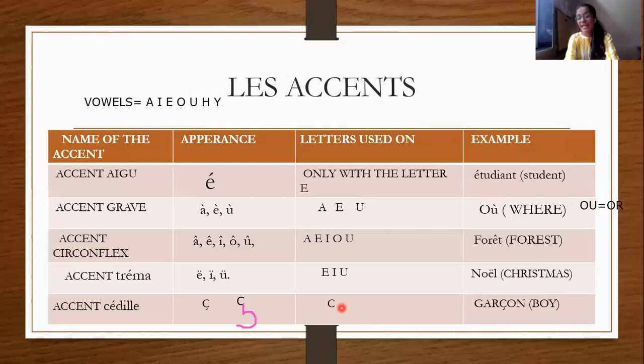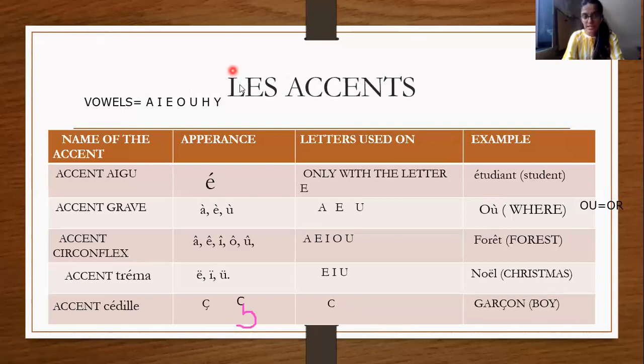There are many words in English with the letter C pronounced as K. In the same way, we have many words in French with the letter C pronounced as K.